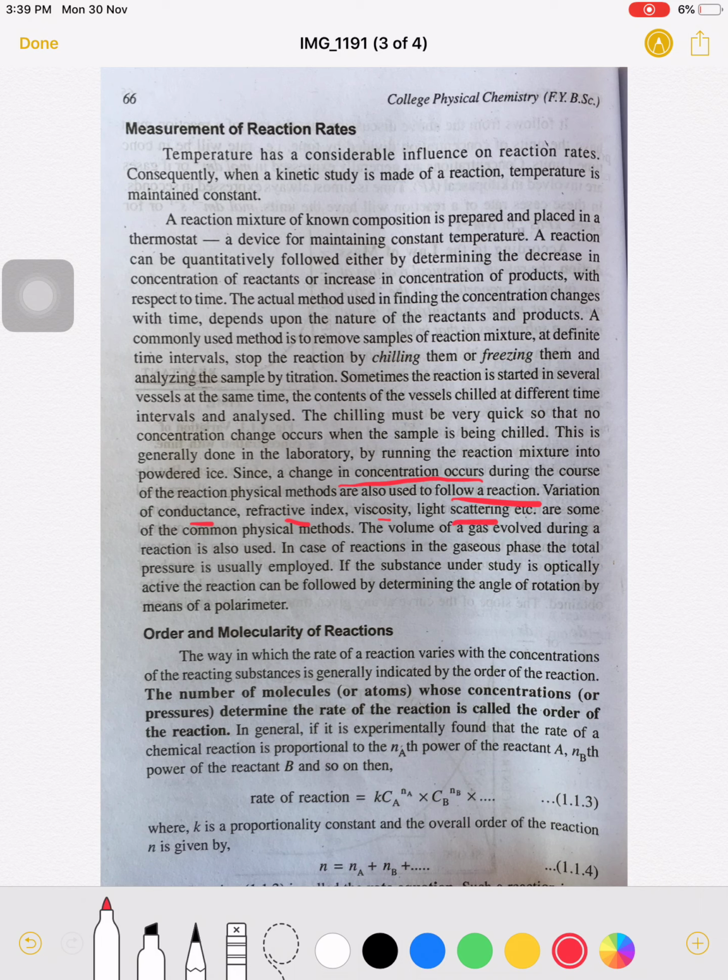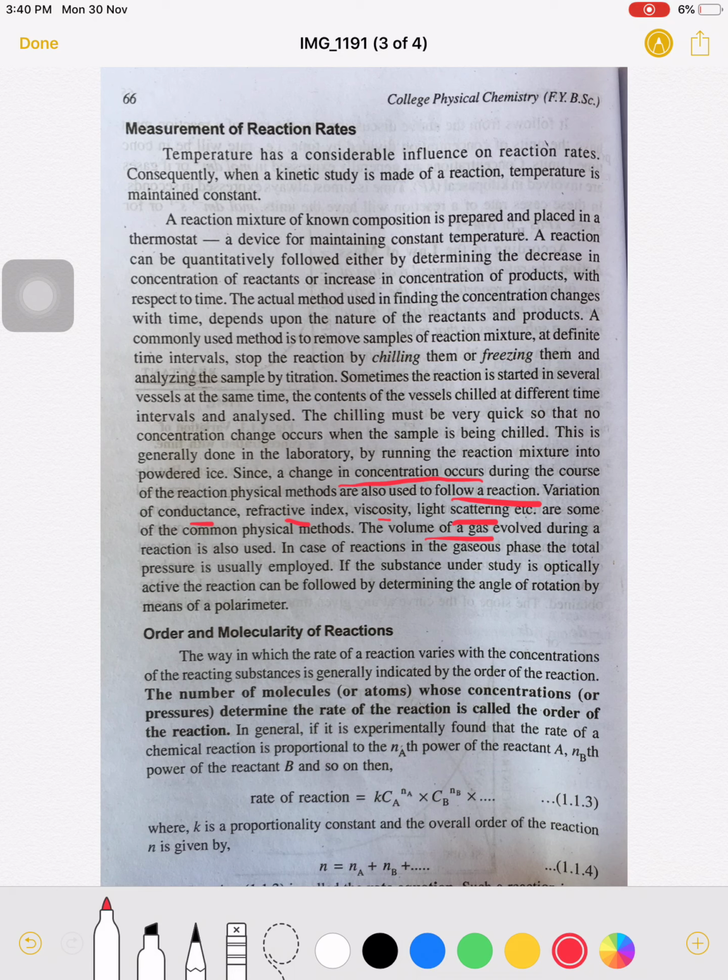So by use of these physical methods or by calculating these physical properties, we can calculate the rate of such reactions. The volume of gas evolved during a reaction is also used for determining the rate of reaction. In case of reactions in the gaseous phase, the total pressure is usually employed.